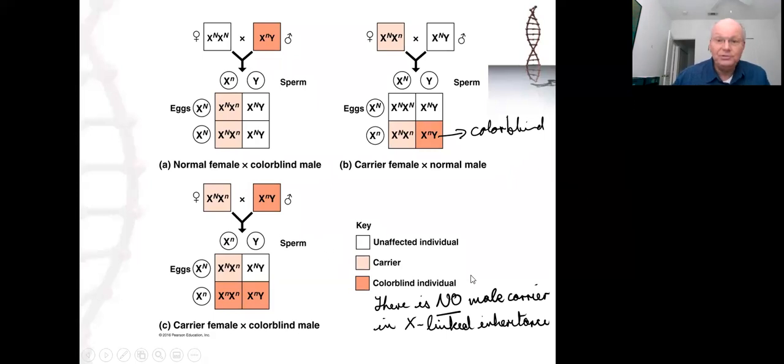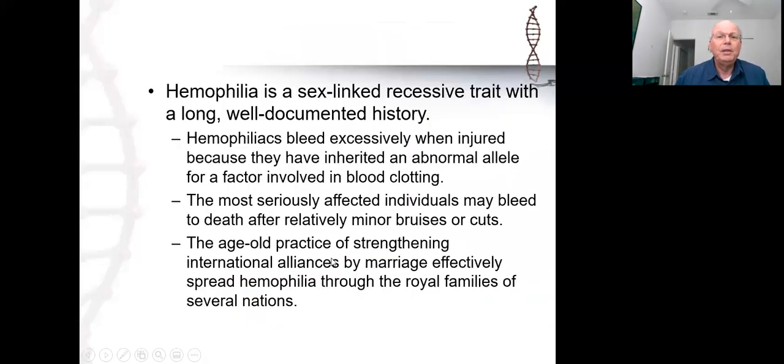And that means if there is a difference in the chromosomes, which there most certainly is in humans, genes that are present on the X chromosome that are not present on the Y chromosome represent the characteristics that the male will have.